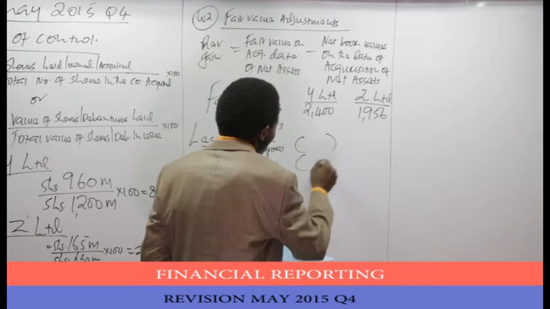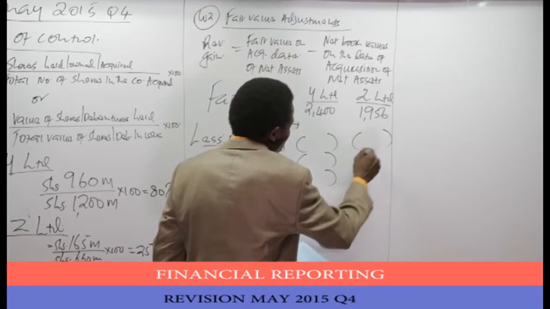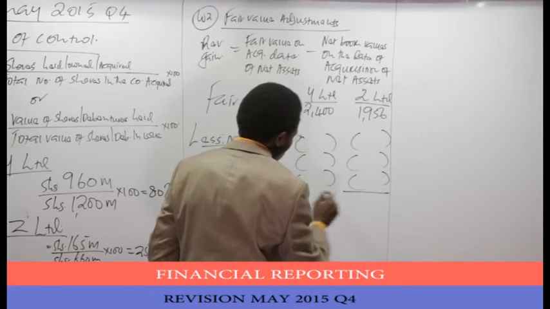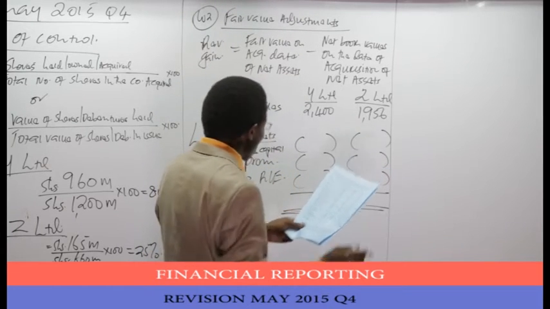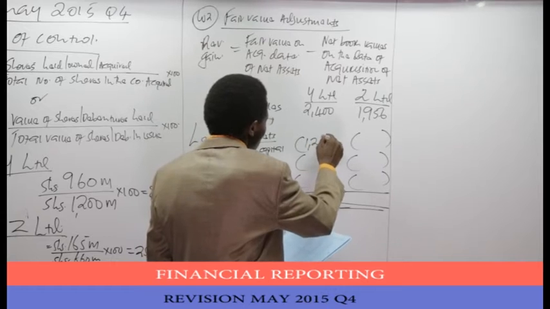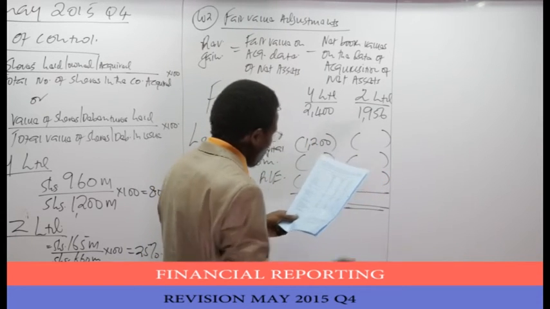I can just subtract them, all of them directly, no problem. The ordinary share capital is 1,200. The share premium is 420.